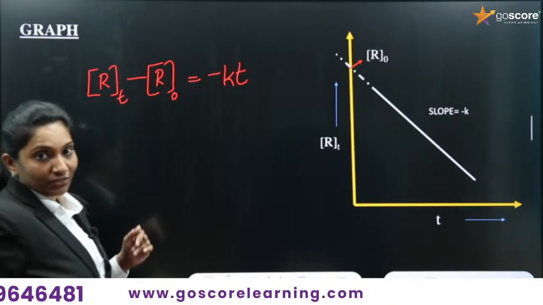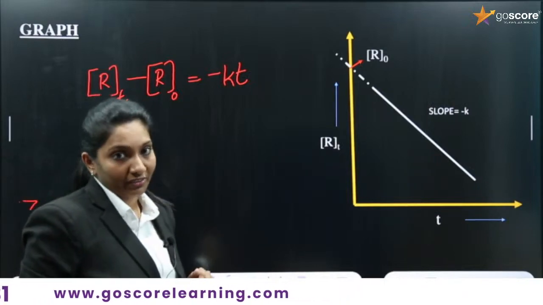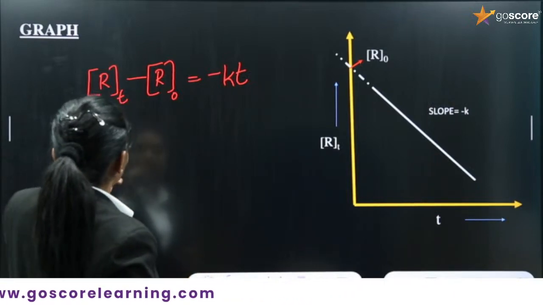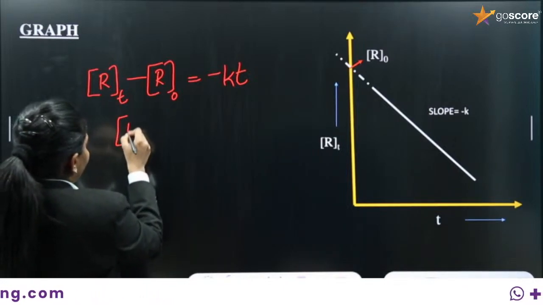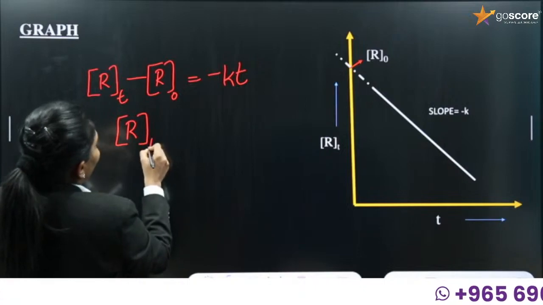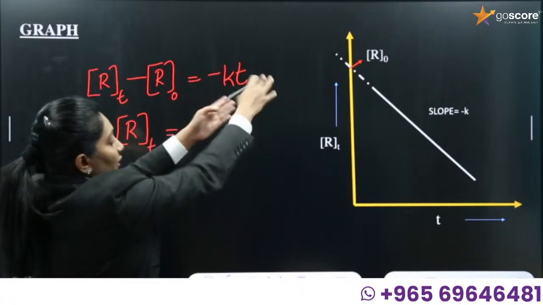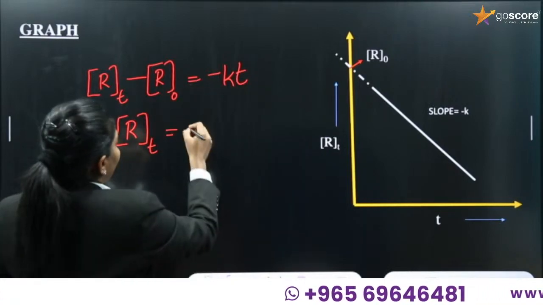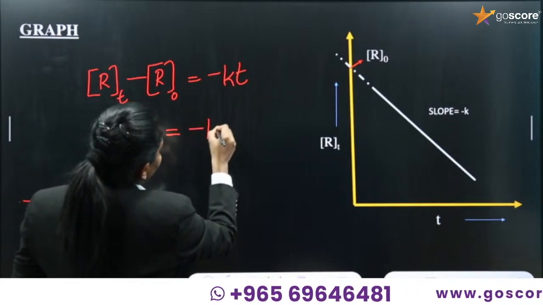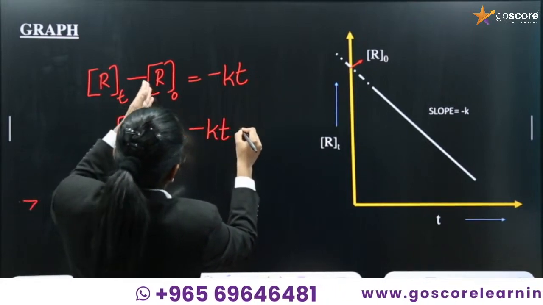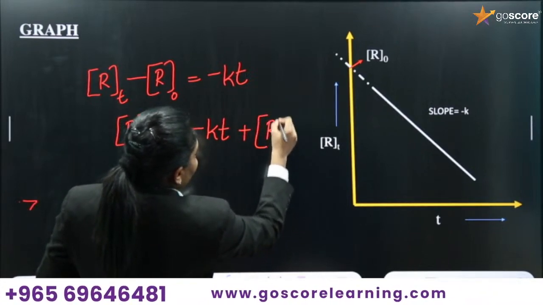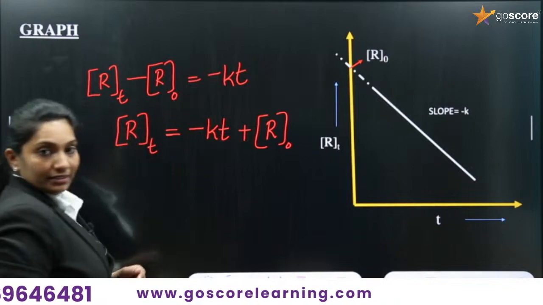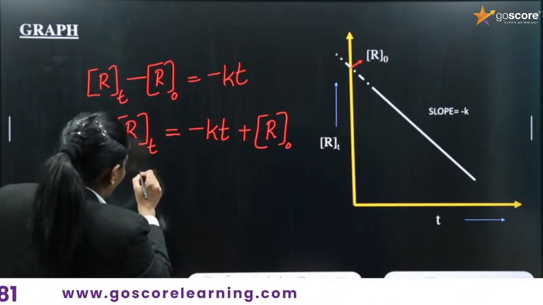This is the equation we got while deriving the zero order reaction, right? So here, if you rewrite this equation, I can rewrite it like this. Rt is equal to, I am taking this R0 on the right side, then it will be minus kt. When you are taking this on the right side, it will be plus R0, right? Isn't it?